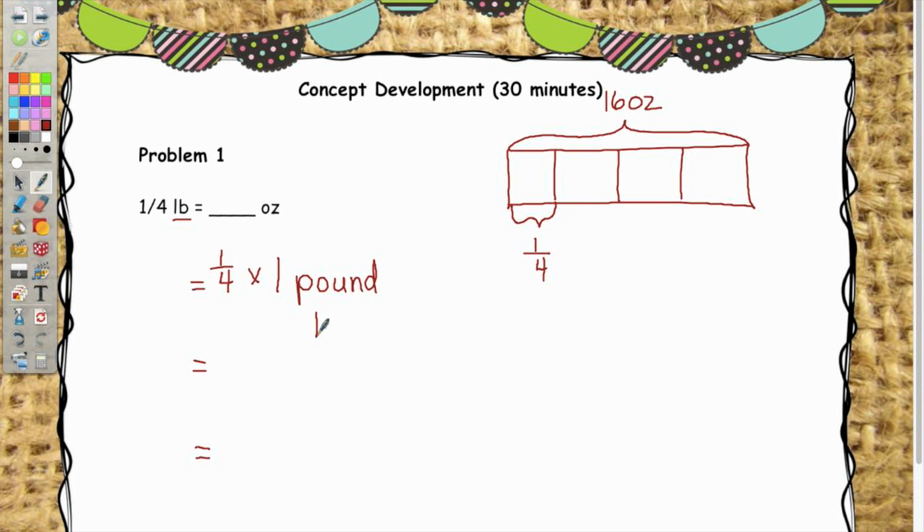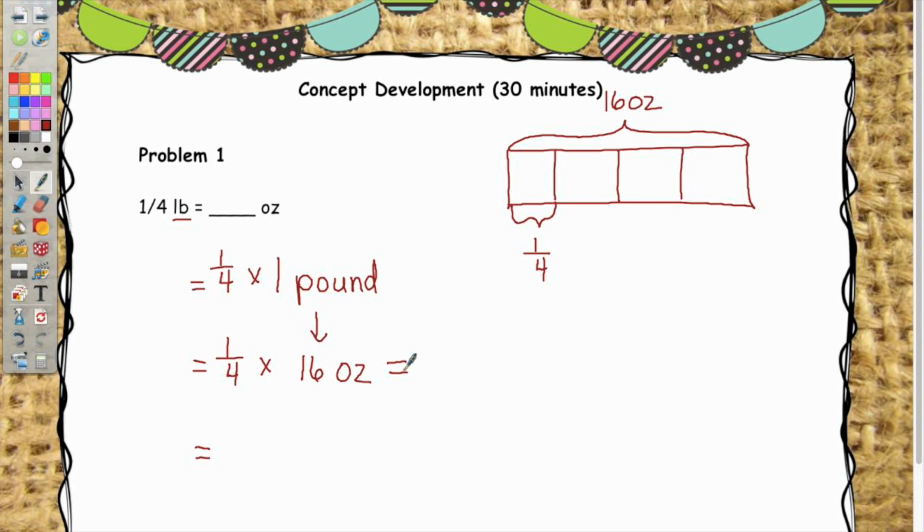Now I simply convert. So 1/4 times, now I can use ounces. So 1 pound equals how many ounces? 16 ounces. And now I'm going to multiply. How do I multiply this?